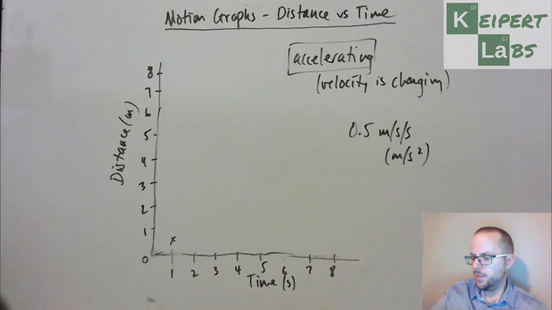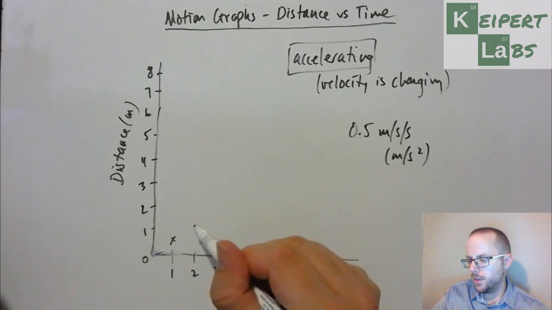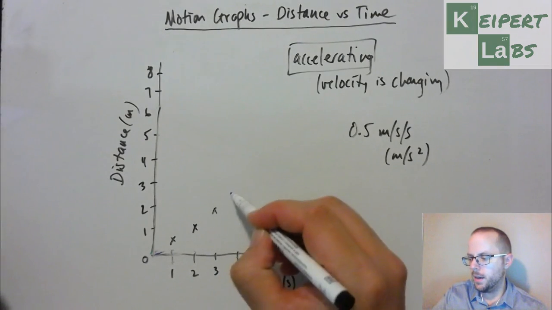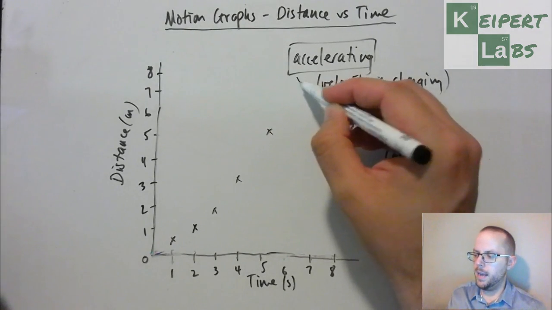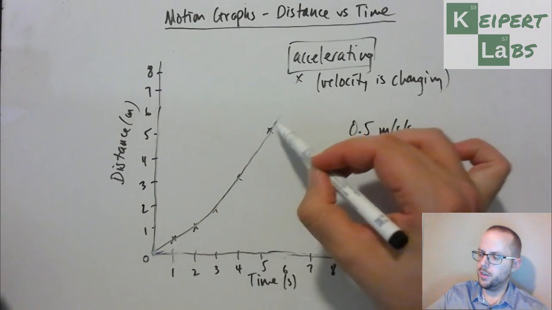Okay, after 2 seconds, we've covered a greater amount of distance. And so what we're seeing here is that over time, our line is not straight, but actually curves.